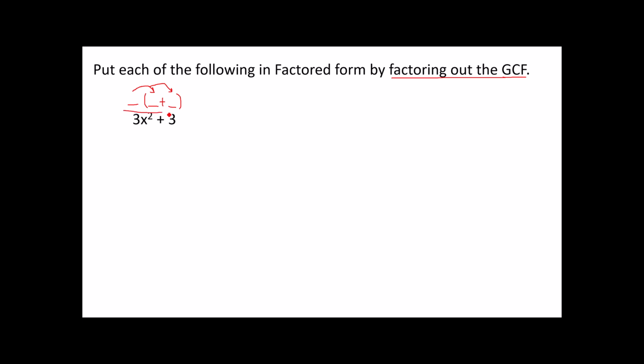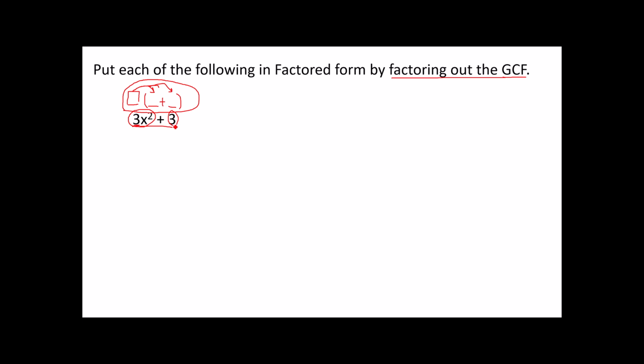We said before that this form is factored form, this is standard form. Now, here's where you've got to use your imagination just a little bit. You've got to stop and think about when you look at this term and you look at this term and you ask yourself, what do those have in common? Or what could possibly have been multiplied by both of those?